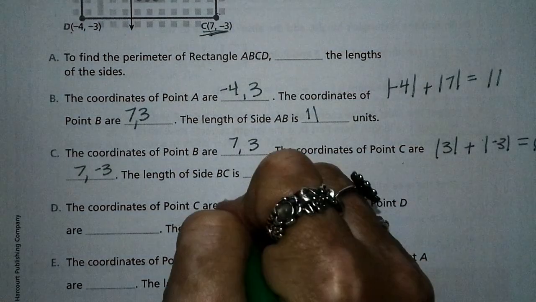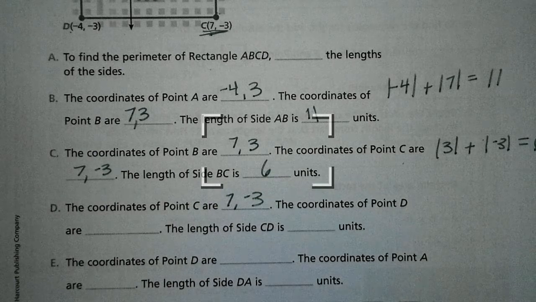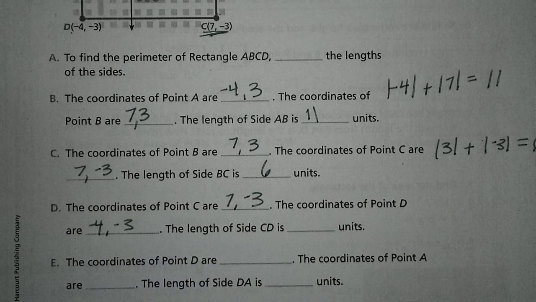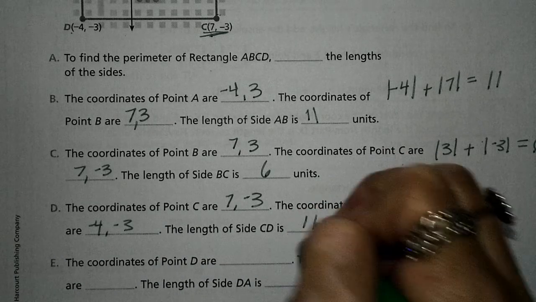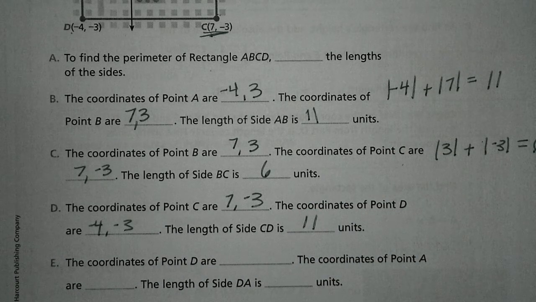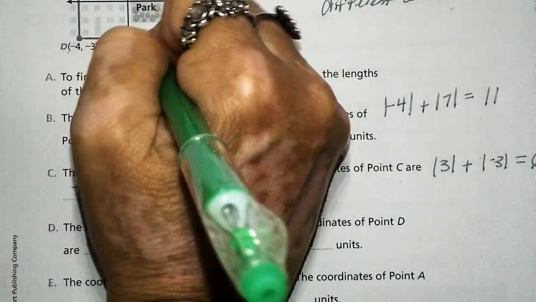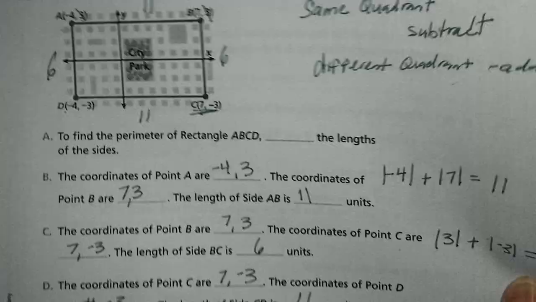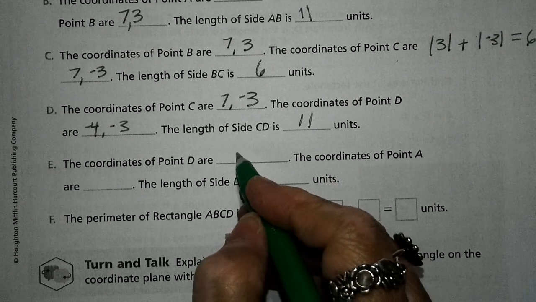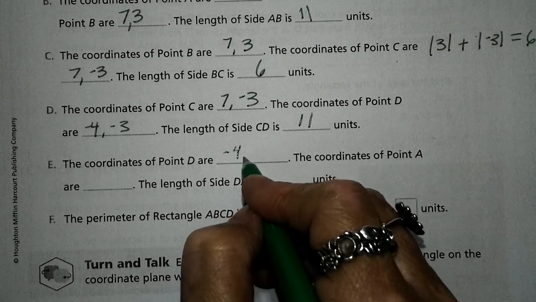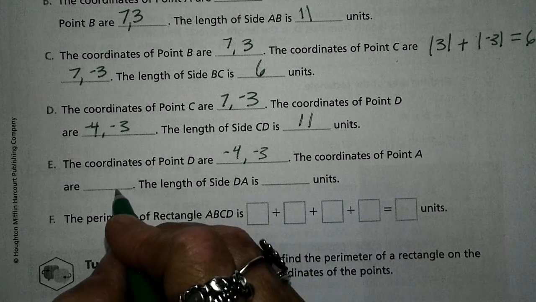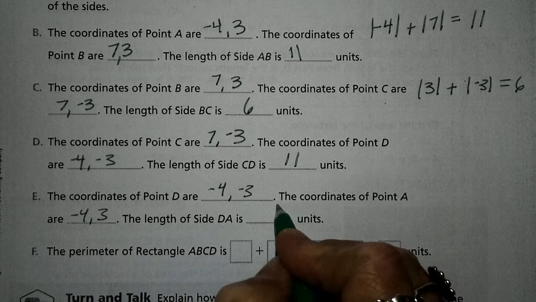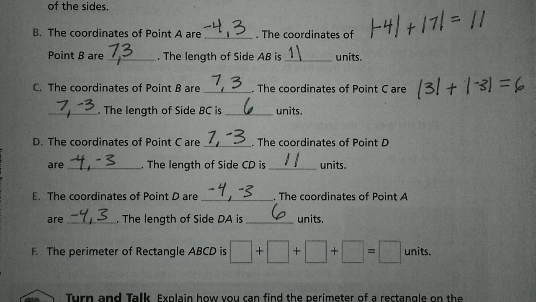So C is 7, -3, and D is -4, -3. And we know that side length, without even doing anything, is 11. And then DA is also going to be 6. The points of D are -4, -3, and A was -4, 3. And we know that's going to be 6 units.